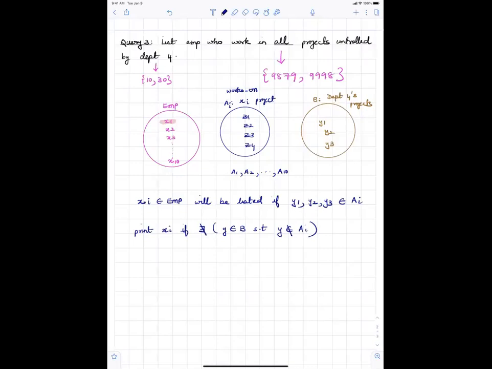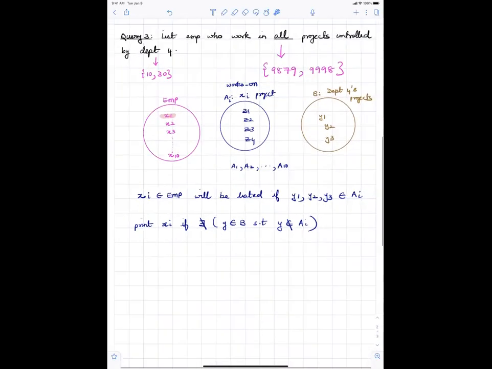Here, what I just wrote is saying exactly the same thing, but in a slightly different manner. What I'm saying is print Xi if there is never an element y that is an element of this set but is not an element of this set. So I'm really saying the earlier thing, but in a different manner.